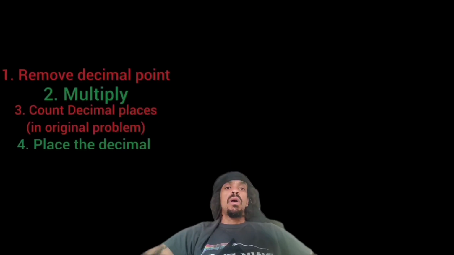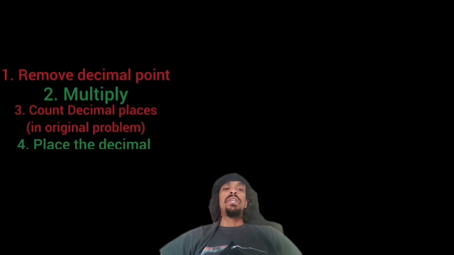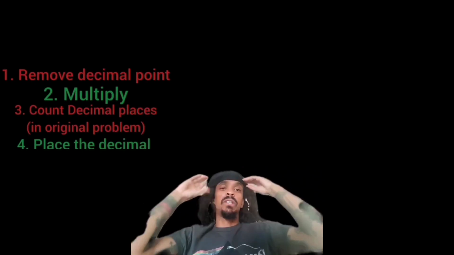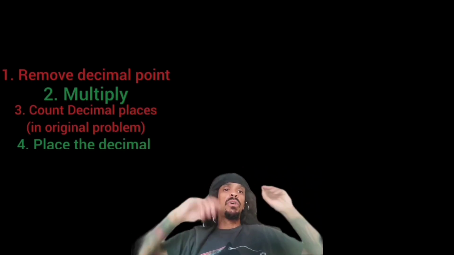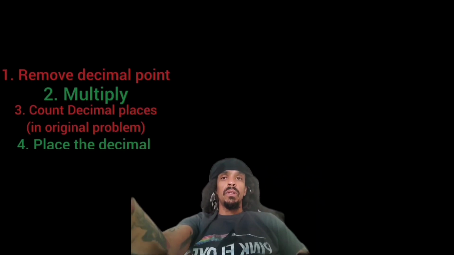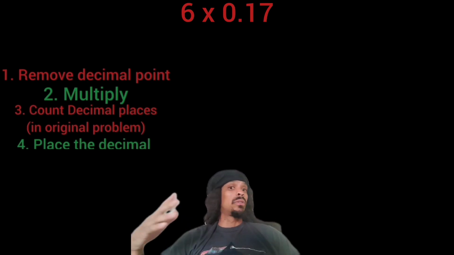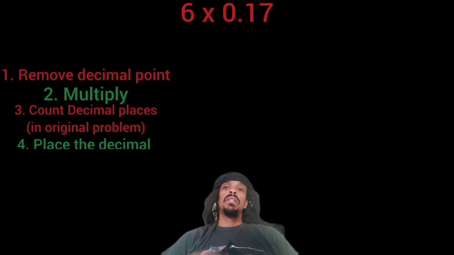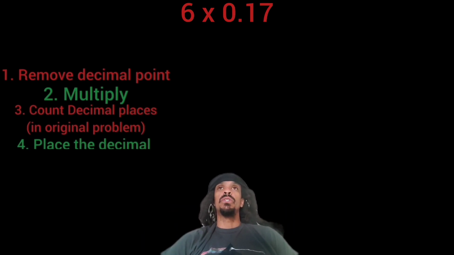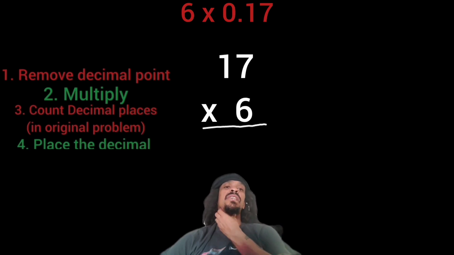Now that we've got our definitive steps, let's apply this to our first problem. This problem is 6 times 17 hundredths. We're going to apply our steps. Let's rewrite it without the decimal point. Now we have 6 times 17.